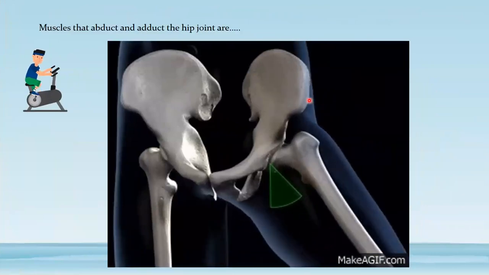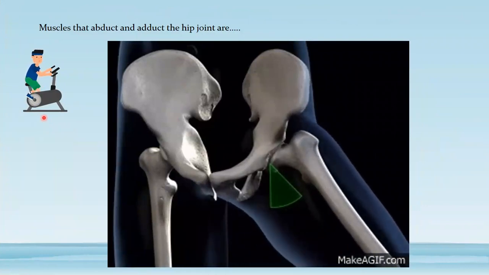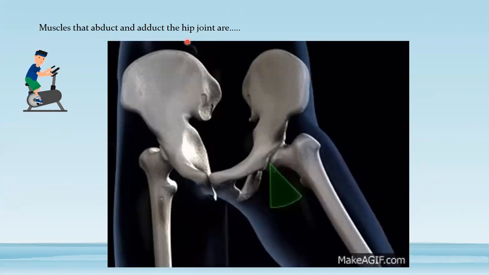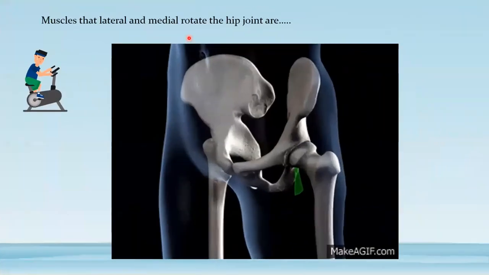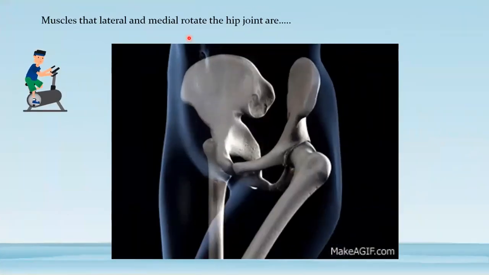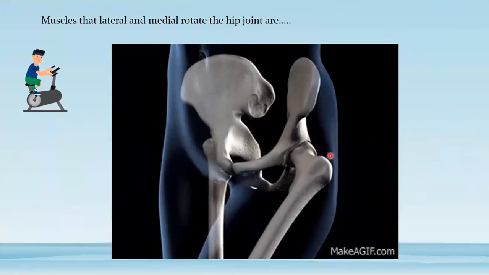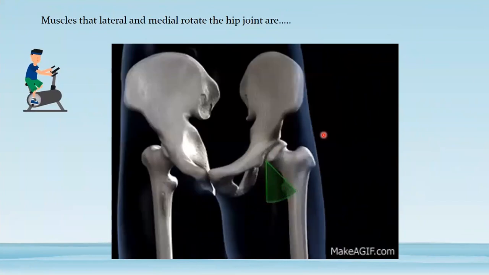Okay, this is your exercise. I want you to complete the assignment by listing the muscles that abduct and adduct at the hip joint. And another, the third question, is the muscles that medially rotate and laterally rotate the hip joint.